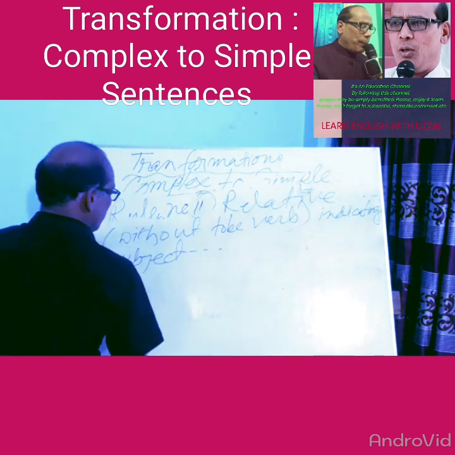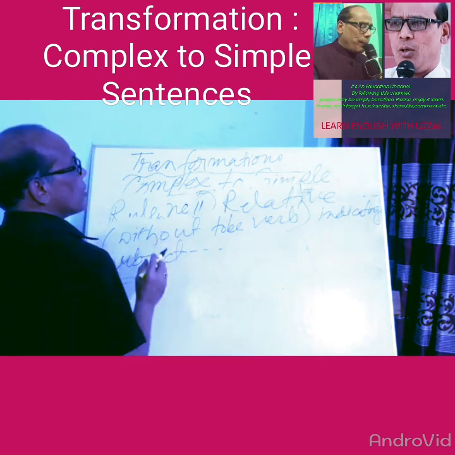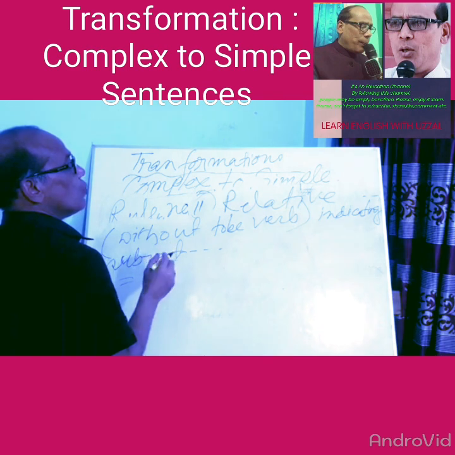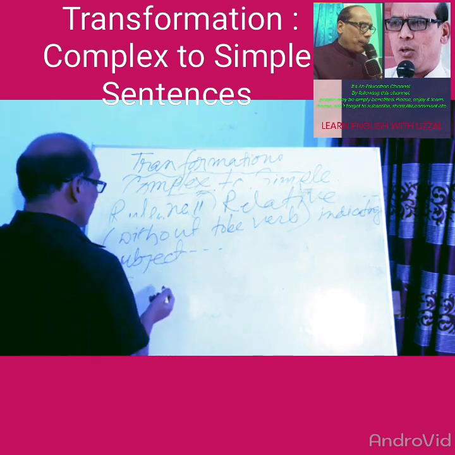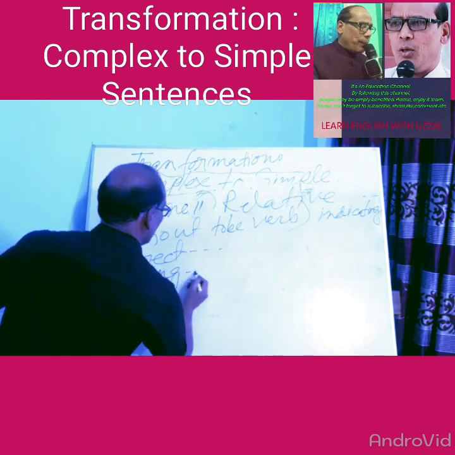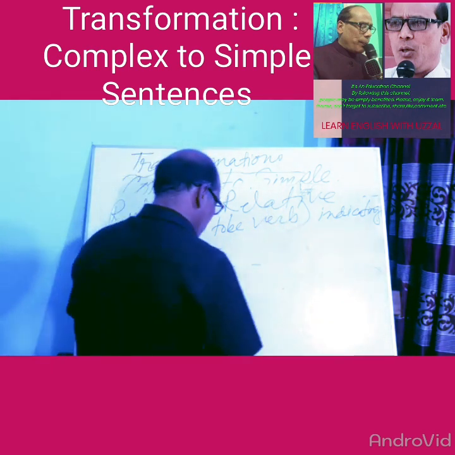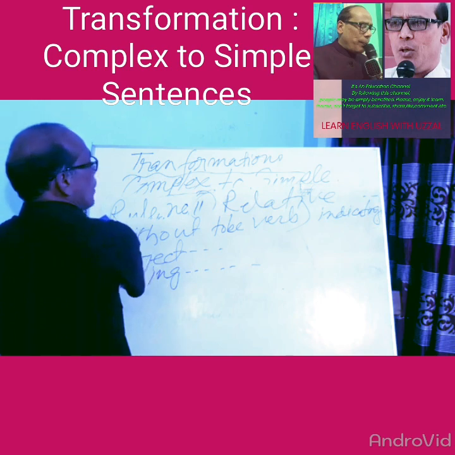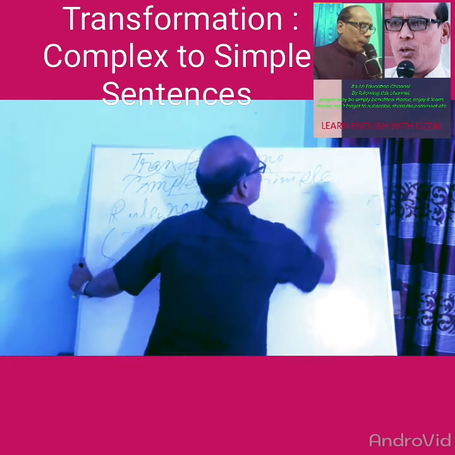Here you will have to turn such a type of complex sentence into a simple one with the help of the ing, present participle form of the verb. But how? Let me show you.